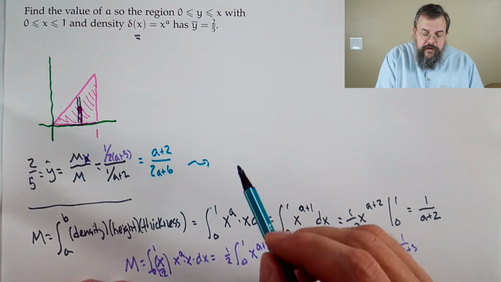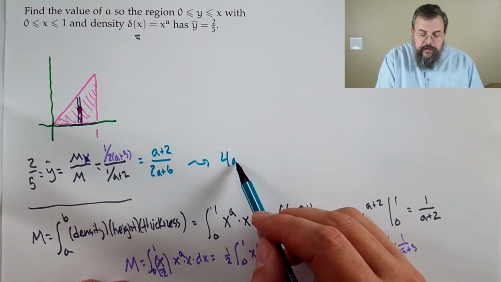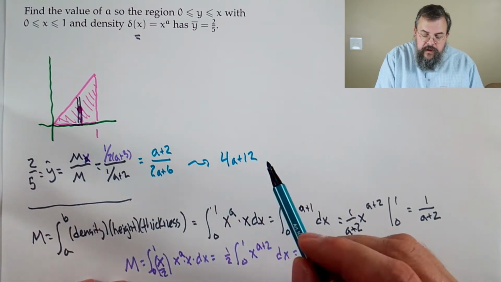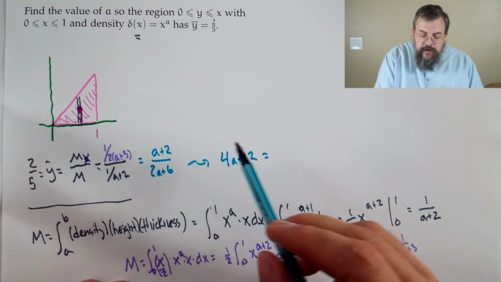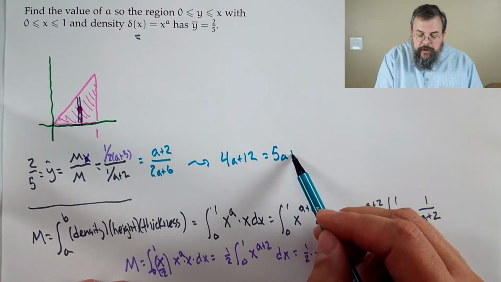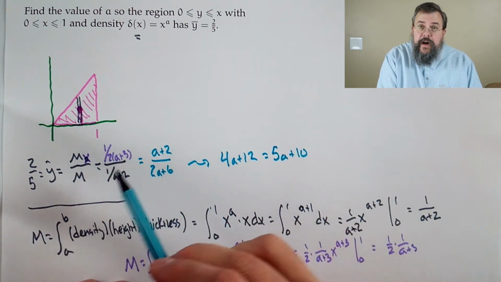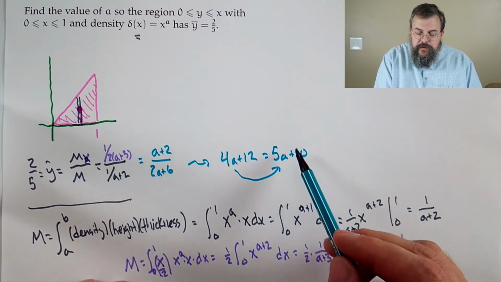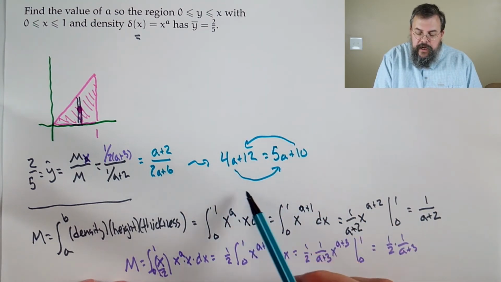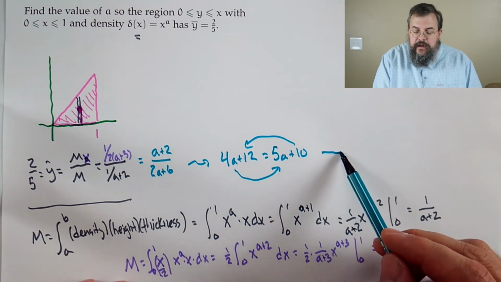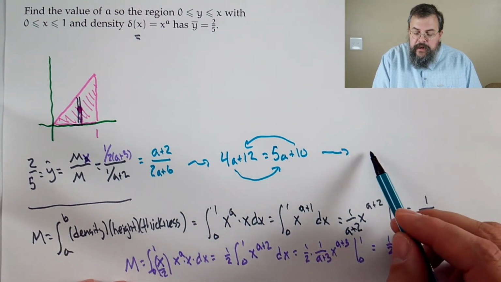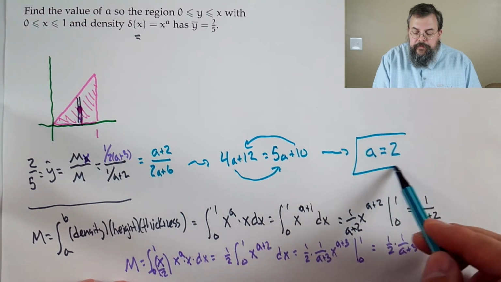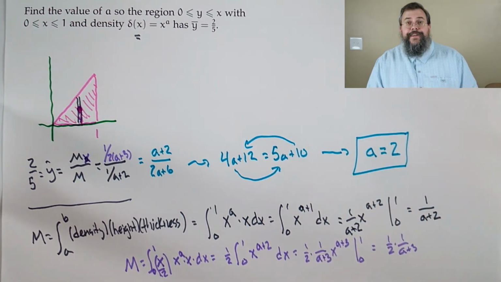So you'd have 4a plus 12, right? 2a plus 6 times 2 equals 5a plus 10, right? 5 times a plus 2. Move terms around. So you move terms around, subtract 4a, subtract 10, and we come to the conclusion that a is 2. And so it worked out kind of nicely.